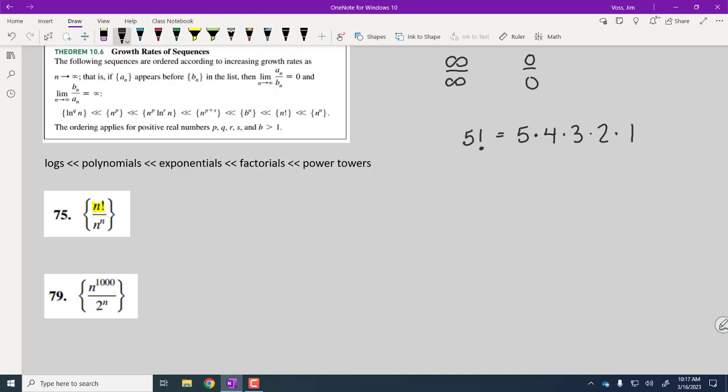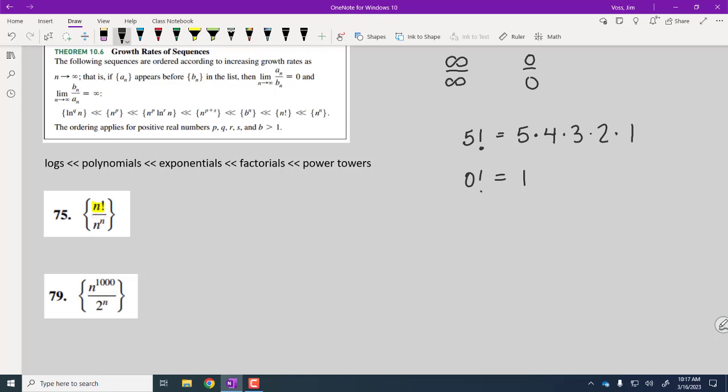Factorial is just repeated multiplication by integers down to 1. So at this moment, factorial for us is only defined for non-negative integers. 0 factorial is defined to be 1. But at this moment, when you think about factorials, you should be thinking about non-negative integers.